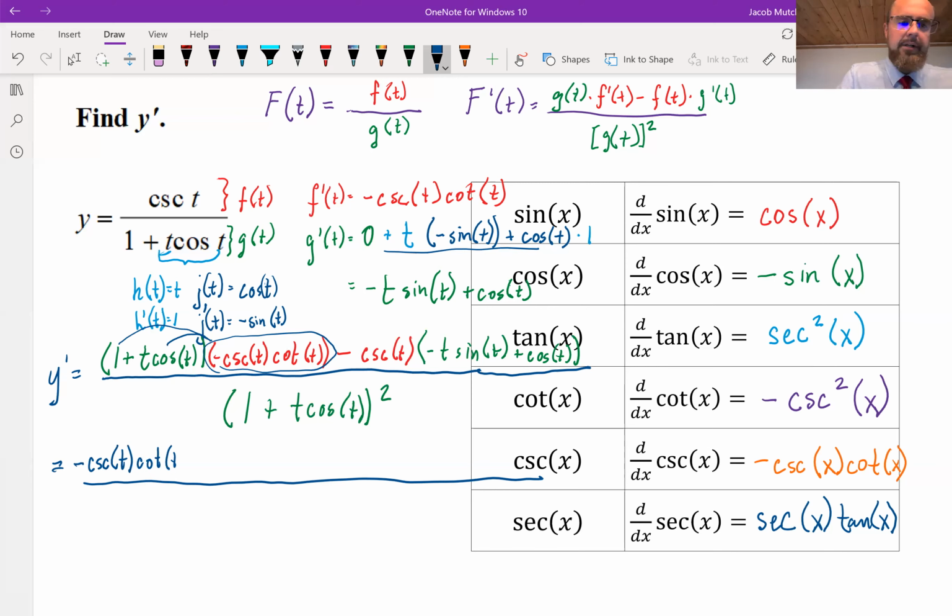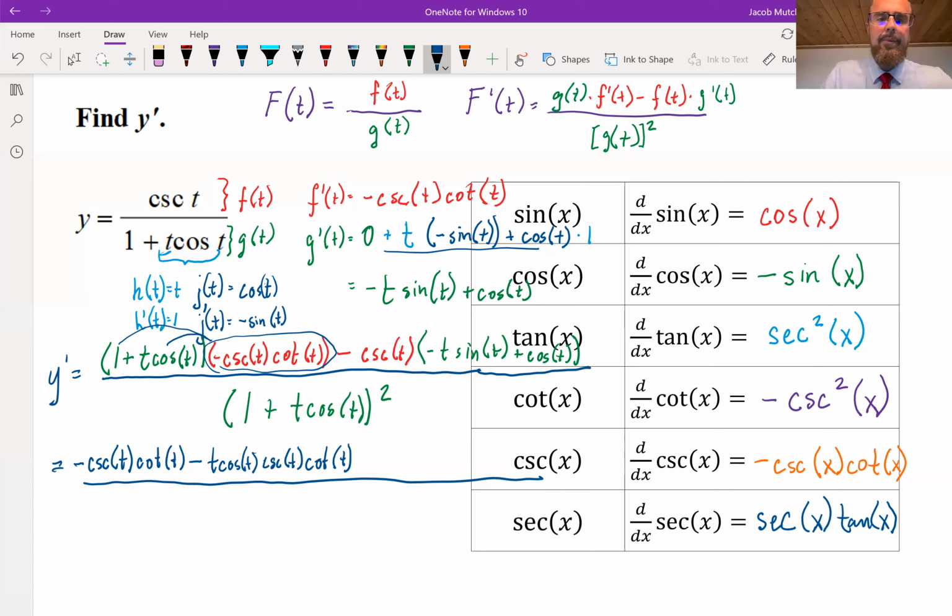And then I'm now going to distribute to t cosine t. So that's a negative sign. And a lot of multiplying here. T cosine t cosecant t cotangent t. So 3 trig ratios in a row multiplied there.